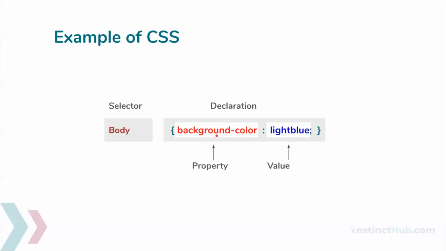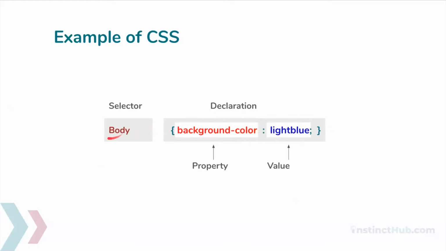You declare the property, that is what you want, and once you declare the property, then you add the value. Take, for instance, I want a background attached to the body. That is the property, what you want. Then the value is what should be given. So if you look at it, I want a background color of light blue. That's basically what CSS is.